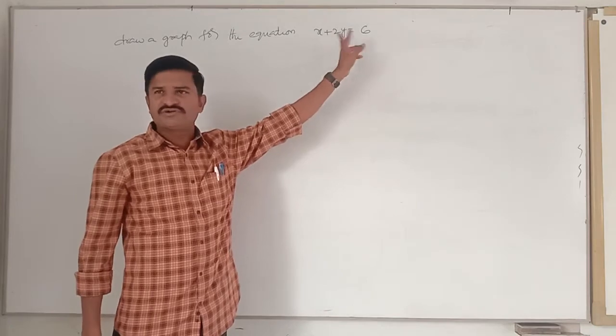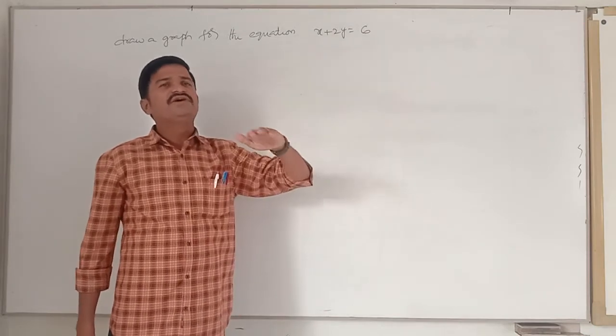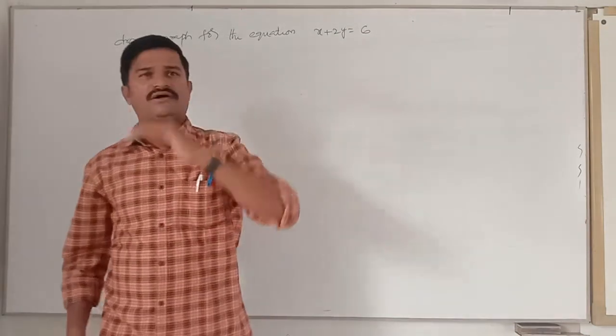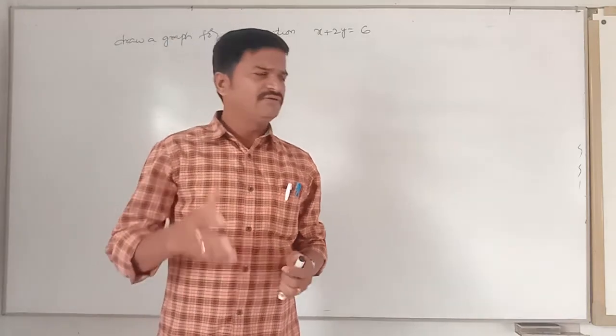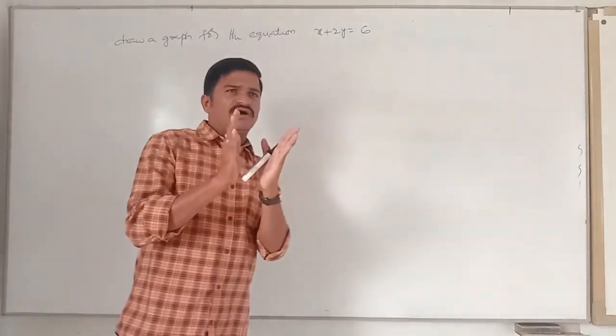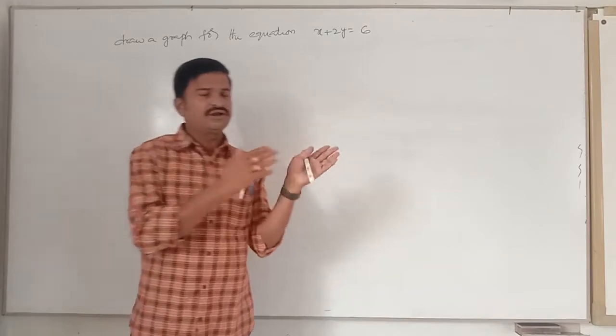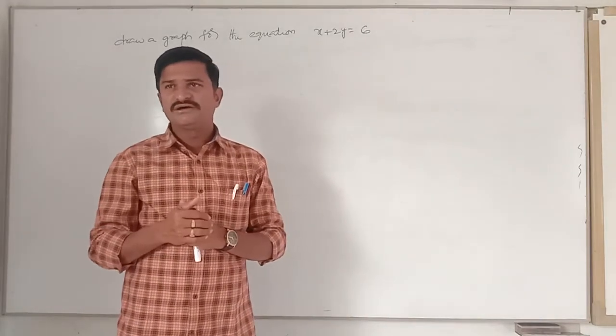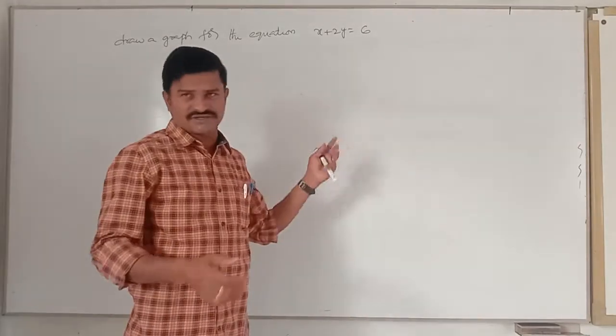It is a linear equation in two variables. For that, how do we draw a graph? Very simple. To draw a graph, we need some points, so we can prepare the points first.